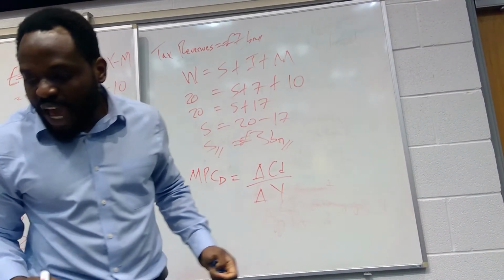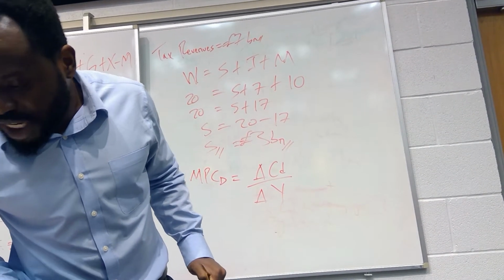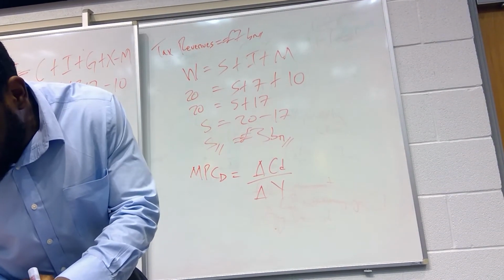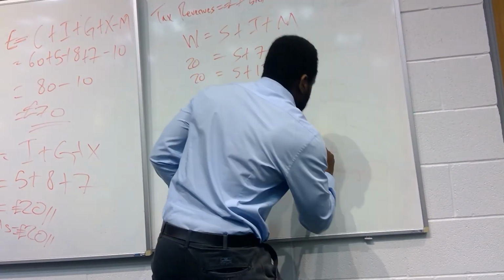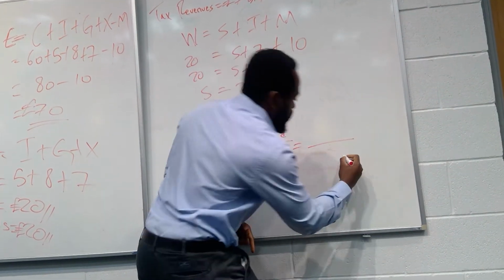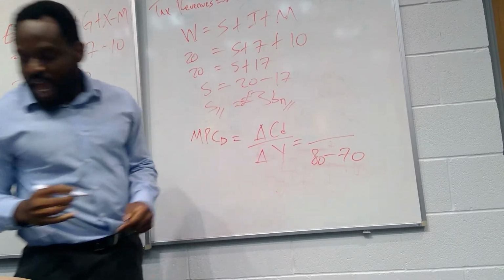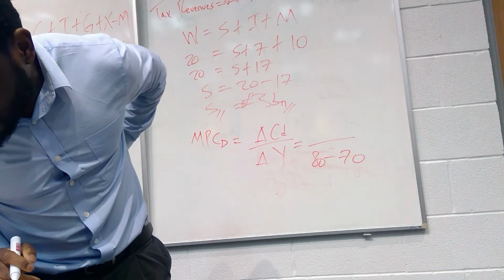Right, so what have we been told? We've been told that national income has risen to 80 billion. What was the previous national income? That was 70. Now it's 80. And then we've been told, what about consumption?